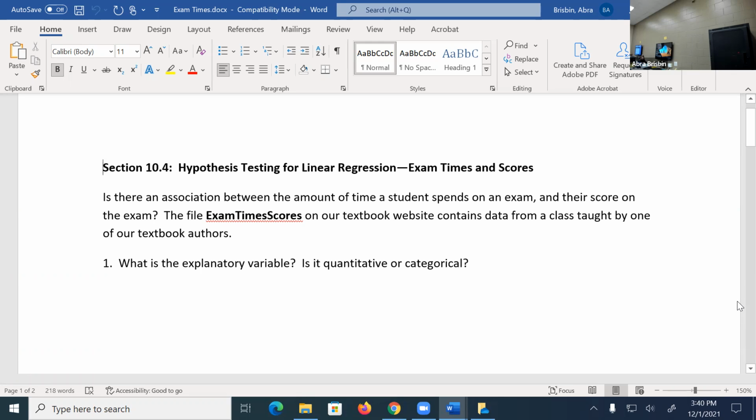The amount of time a student spends on the exam. Start assignment. You have to turn it in? It's just for your homework, not actually for the test.